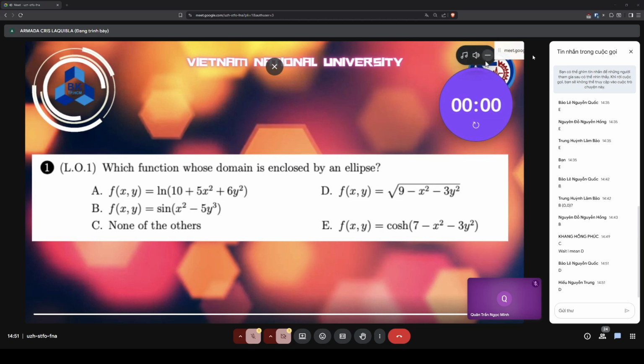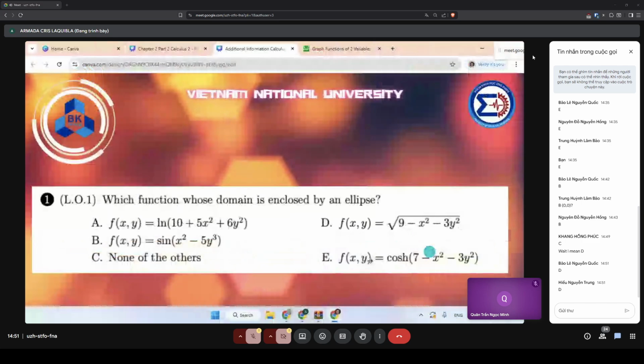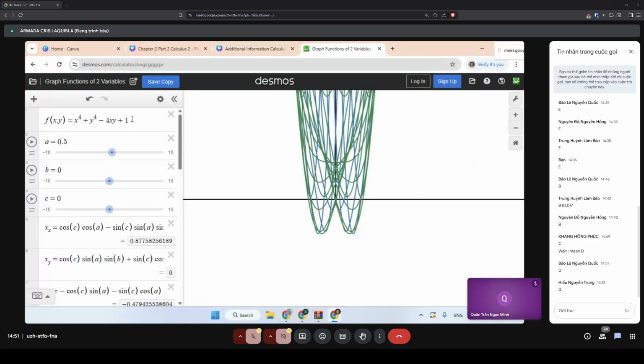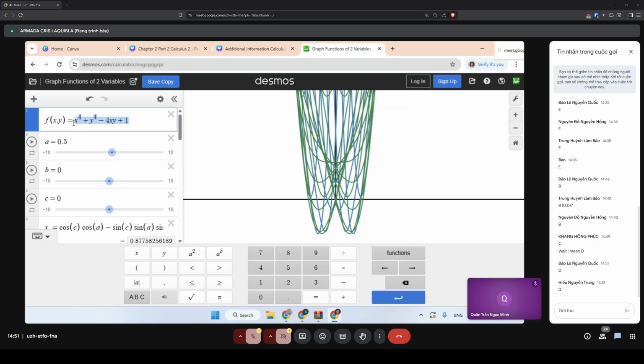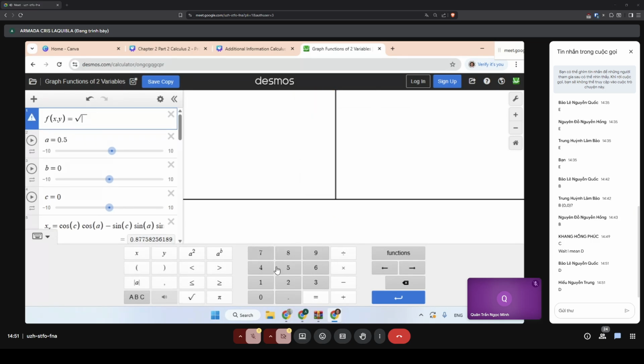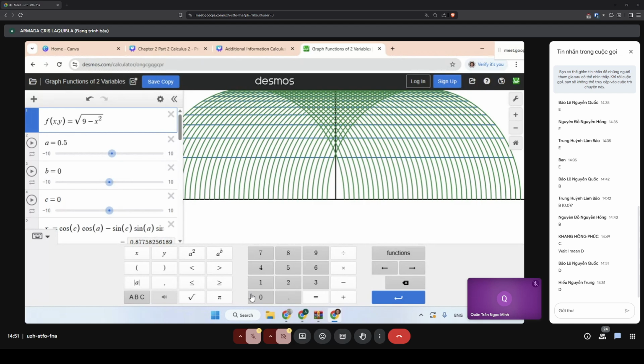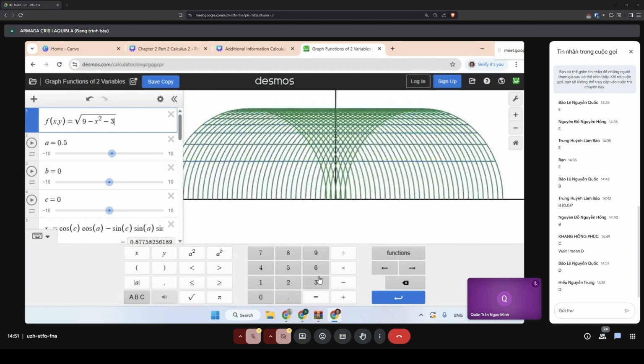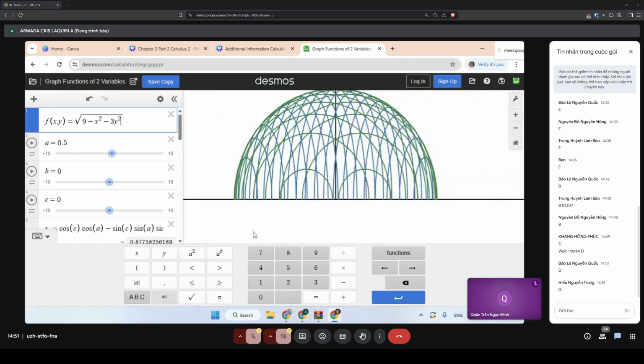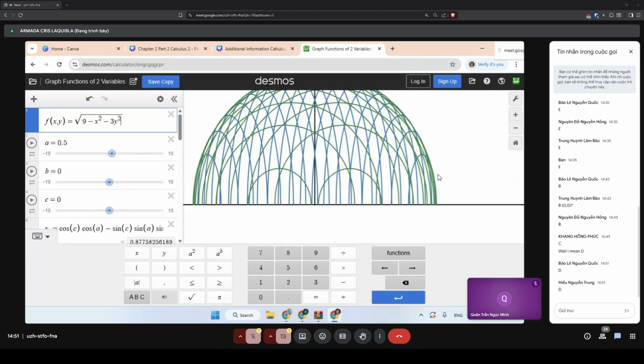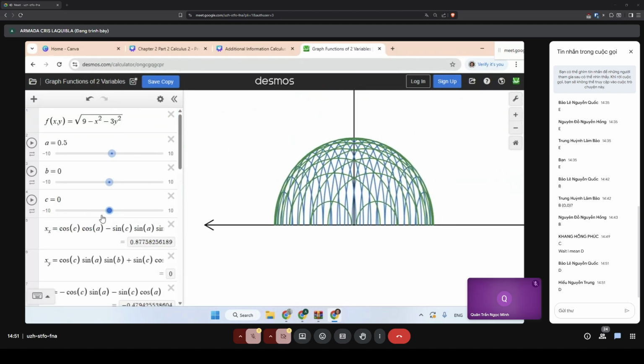Okay, time is up. By the way, the answer here is letter D. And if you try to graph that using our Desmos graphing calculator, square root of 9 minus x squared minus 3y squared. As you can see, this is the face of the graph.